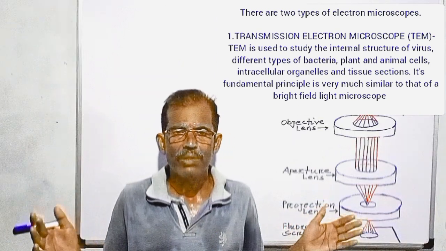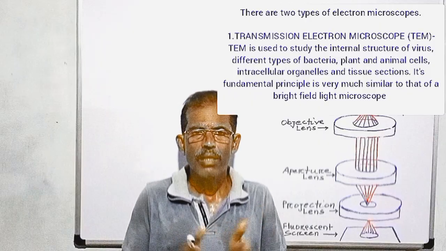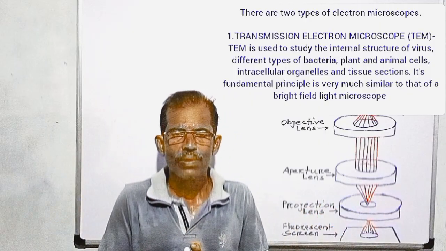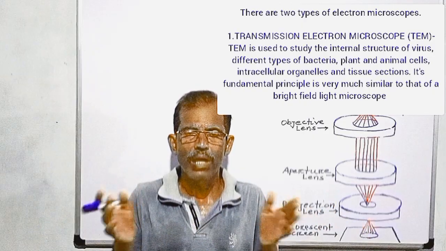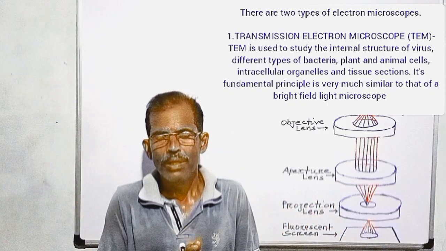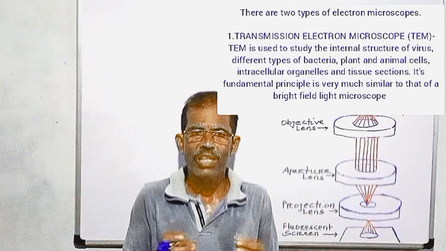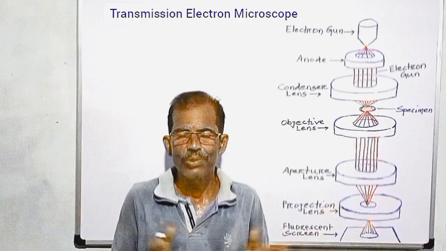Transmission electron microscope, TEM. The fundamental principle of a transmission electron microscope is very much similar to that of a bright field light microscope. In both, radiation is transmitted through the specimen to form a two-dimensional image.